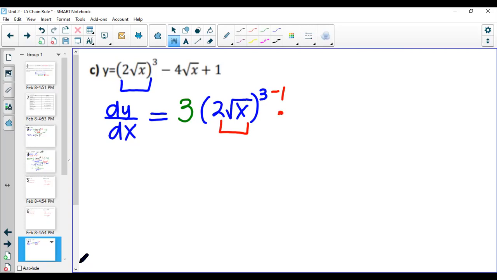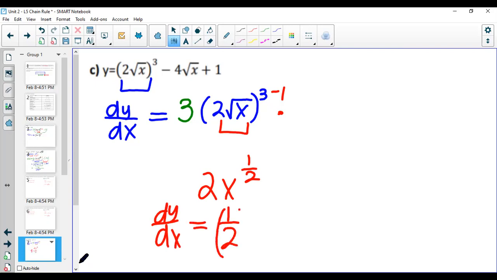So the derivative of the inside, now if I have 2x to the power of 1/2, that is my inside, right? If I take the derivative of that, I'm going to be left with dy over dx is equal to 1/2 times 2 times x to the power of 1/2 minus 1, right?